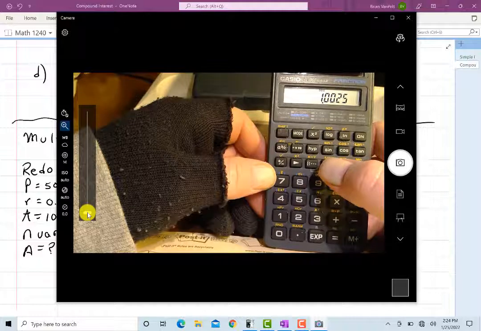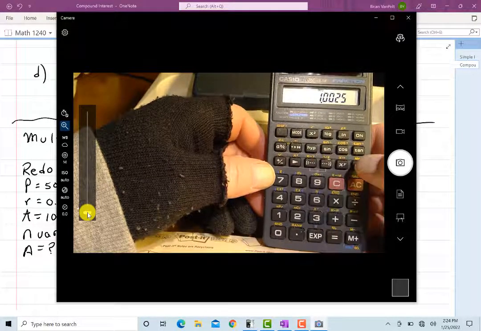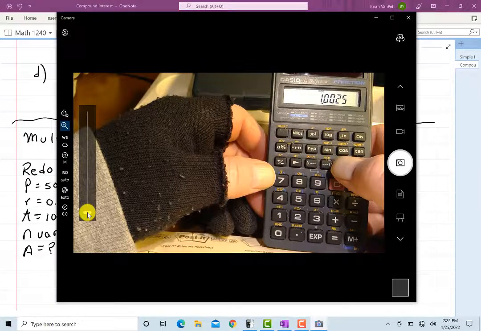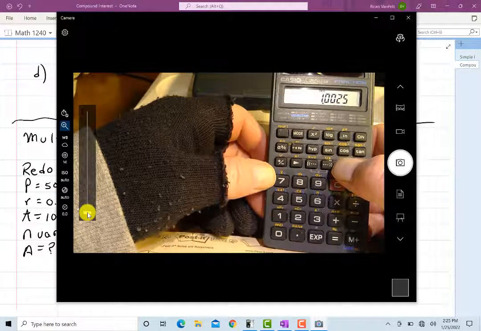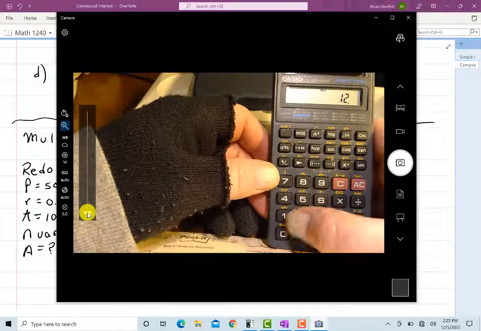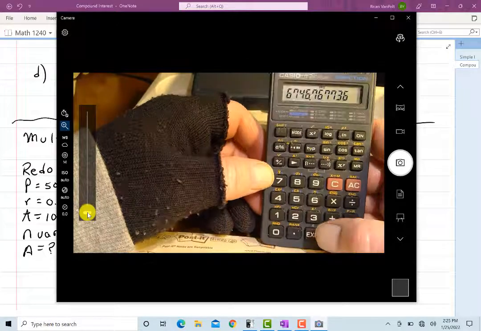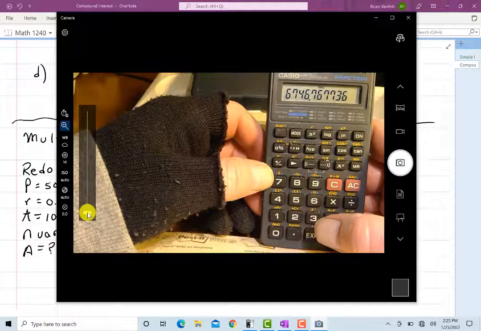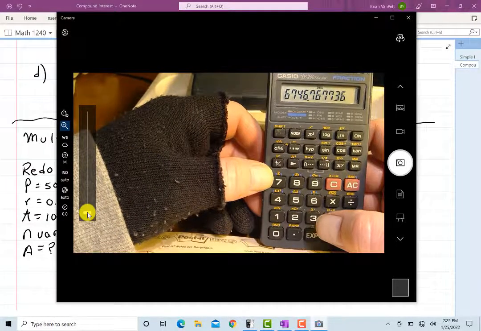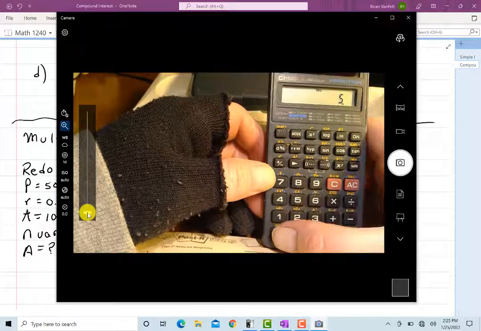Now 12 times 10 was equal to 120. So now I have to take that, raise it, so take it to the exponent. 1, 2, 0, and then finally hit equals for your answer. 6746.77. And then for daily, let me finish off this example.